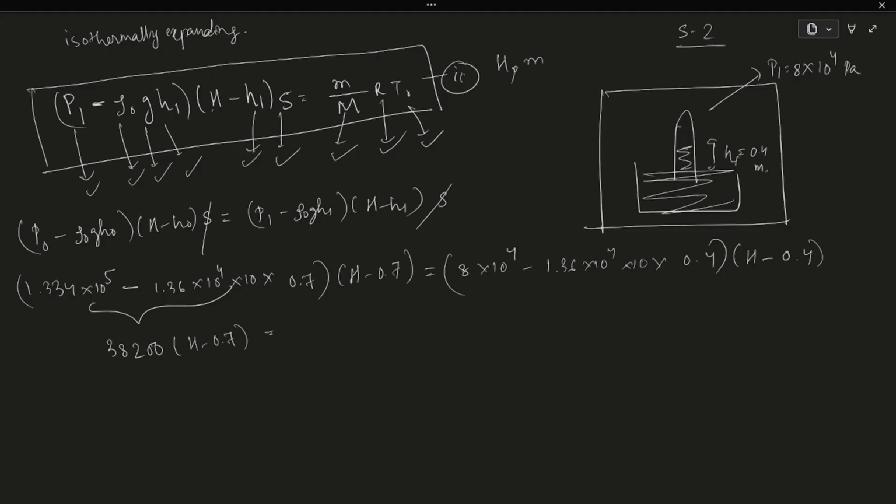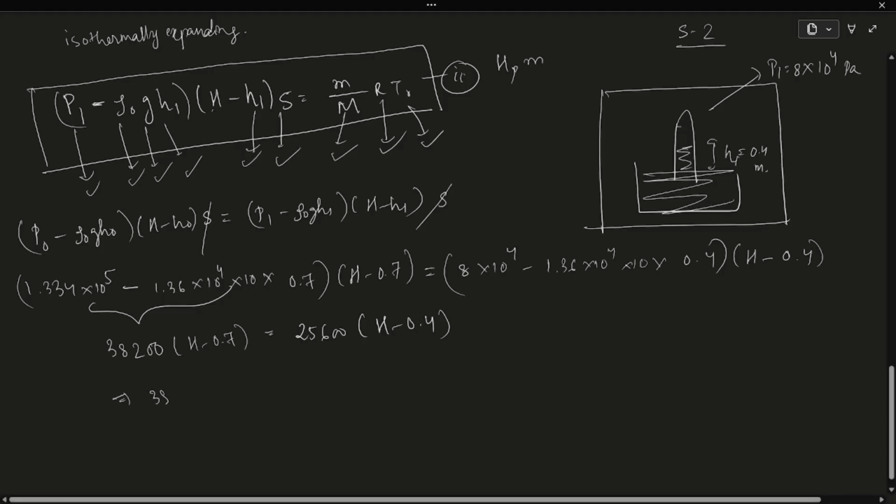Then right hand side, 8 into 10 to the power 4 minus 1.36 into 10 to the power 4 into 10 into 0.4. This value comes 25,600 into H minus 0.4.